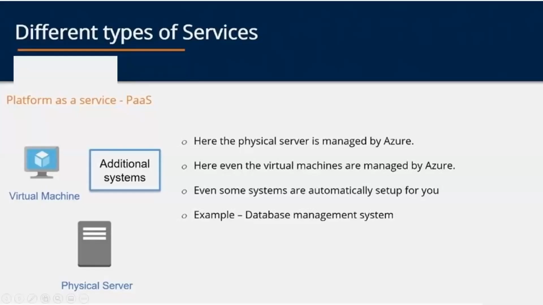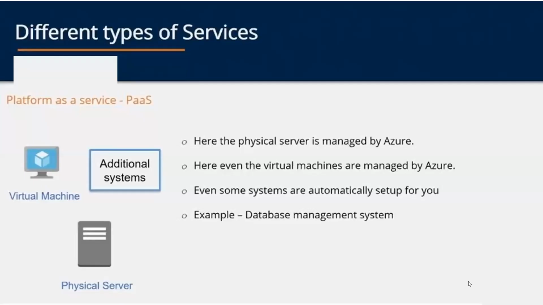Okay. So different types of services. Can you see my screen, Rahul? Yes, sir. Okay, so platform as a service, here the physical server is managed by Azure or the cloud provider.